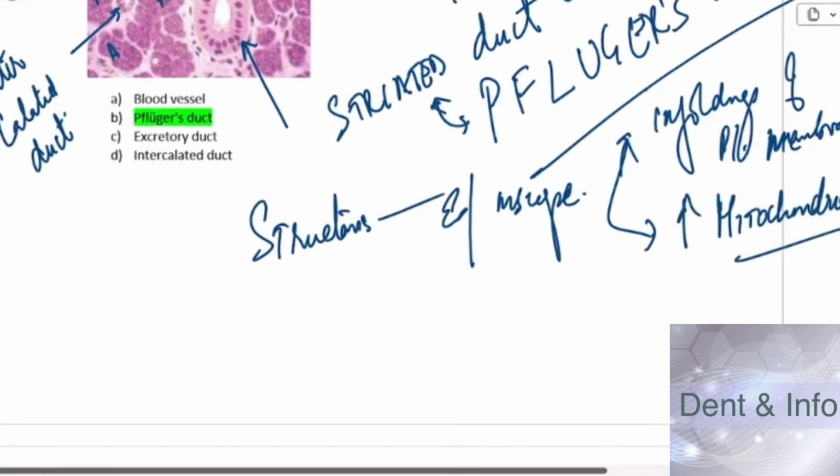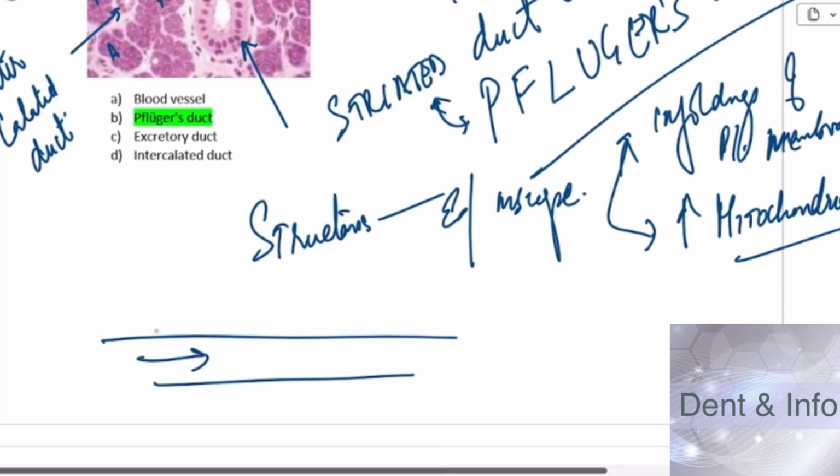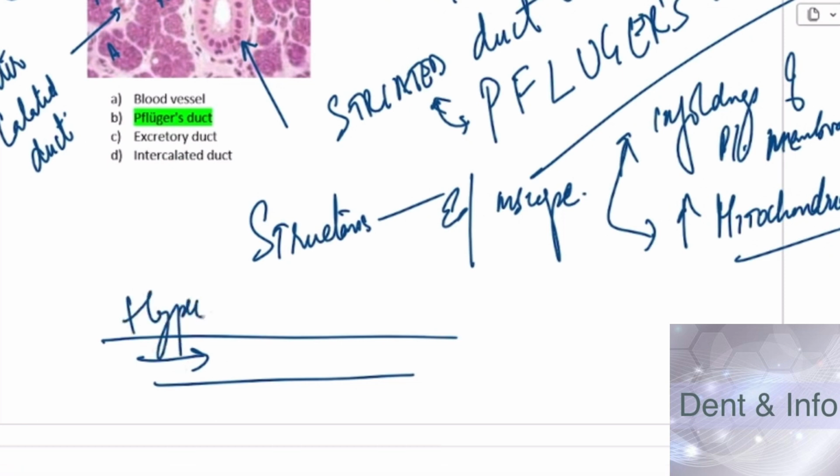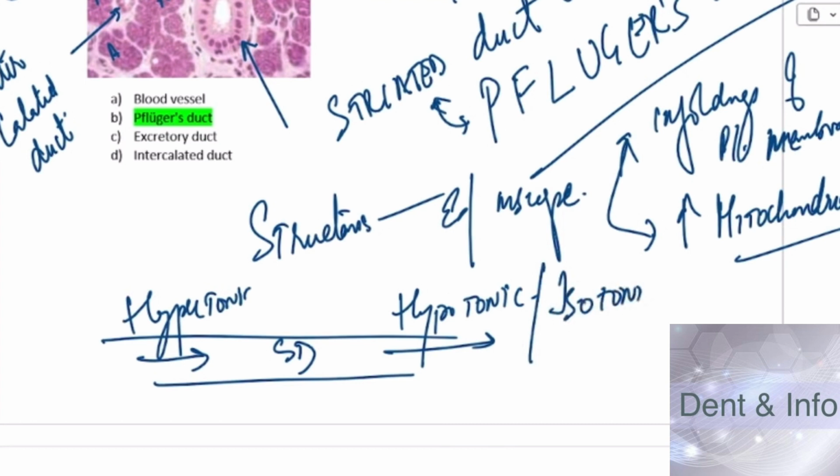Okay, when the saliva enters the striated duct from the intercalated duct, it is hypertonic, tonicity is more. When it leaves the striated duct, it becomes hypotonic, tonicity is decreased, or at least it becomes isotonic. What is happening? Exchange of ions is taking place in the striated duct.